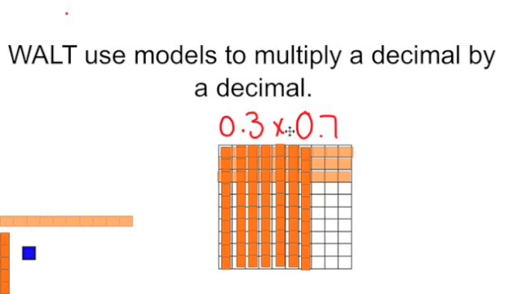Now I look at this and try to figure out how many of these squares have both sets, or where do they overlap? So you can do a couple things. I could just go 3 times 7, 21, and I know that each one of these squares is a hundredth, so my answer would simply be 21 hundredths.